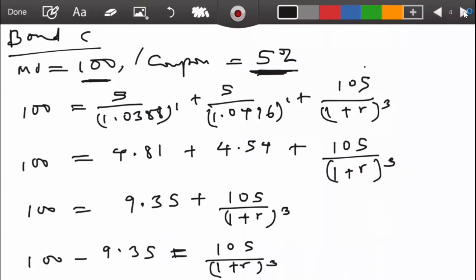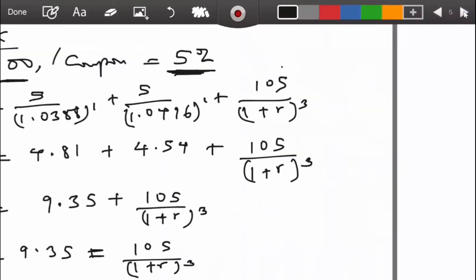So 100 minus 9.35 gives 90.65. So 90.65 is equal to 105 all over 1 plus r raised to power 3.